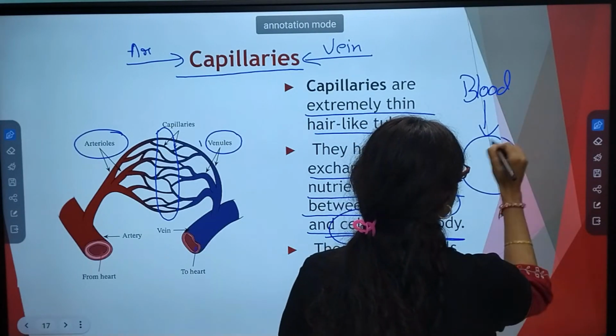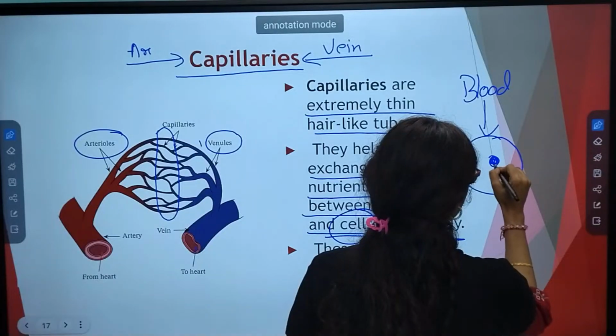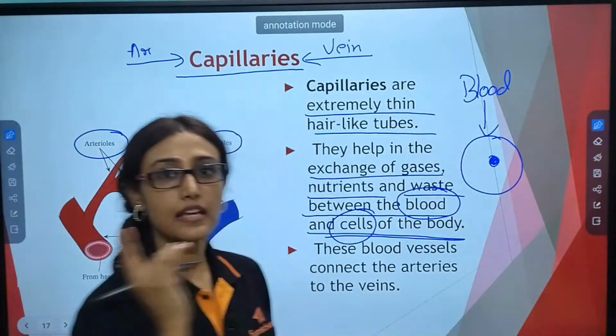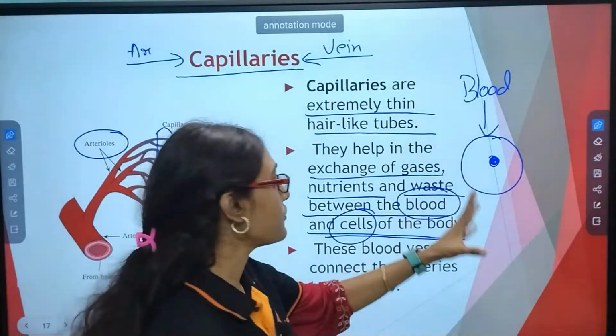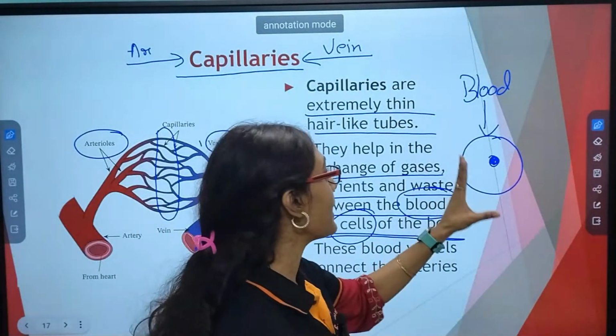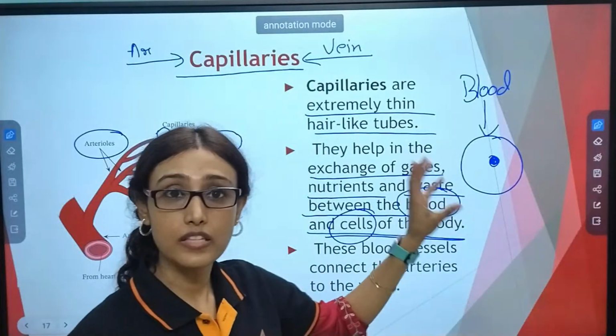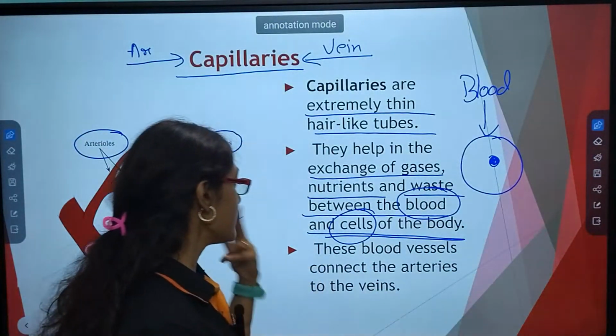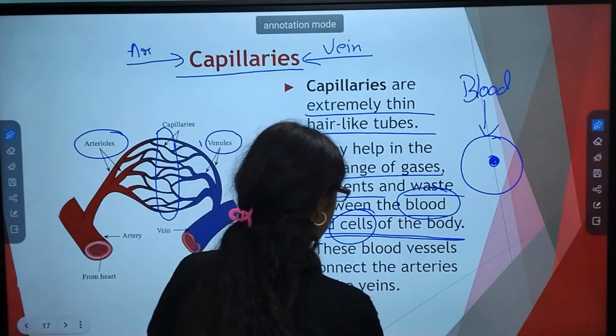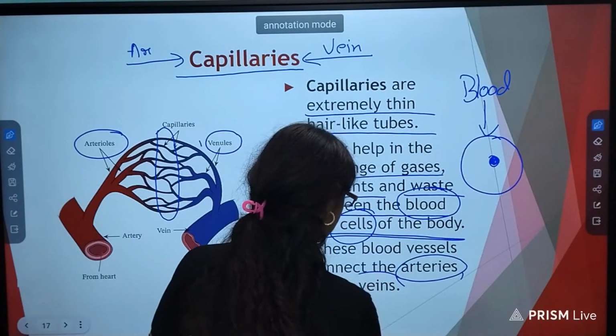So that the cells get nutrition, oxygen, etc. And why do they need nutrition? For their growth and development. Why do they need oxygen? For respiration.